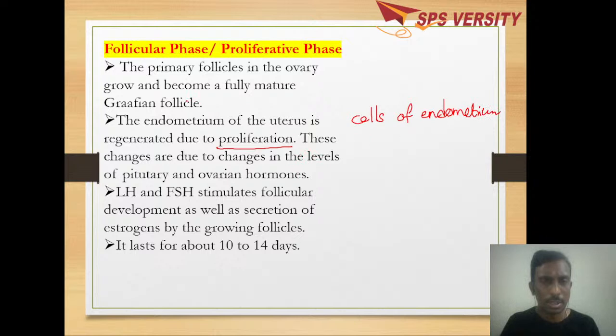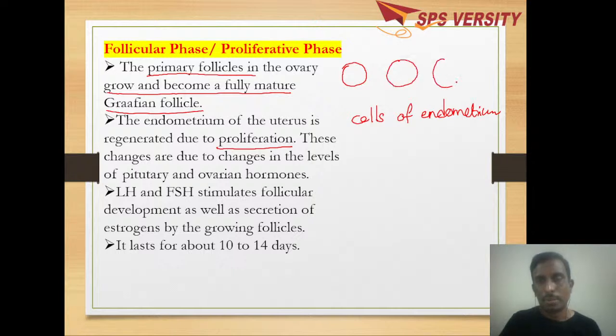During the follicular phase, the change we see is the development of the follicle. The primary follicle will grow and become a fully mature Graafian follicle. There are different stages of follicle: primary follicle, secondary follicle, tertiary follicle, and the final one is the Graafian follicle.